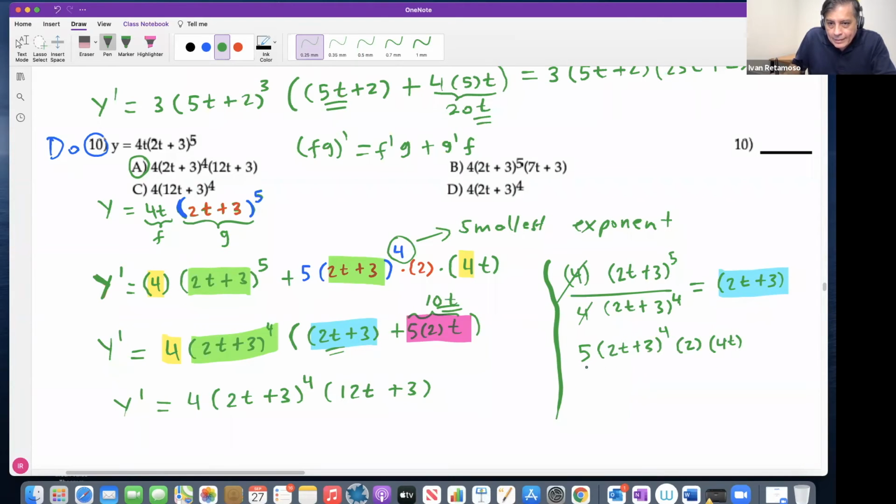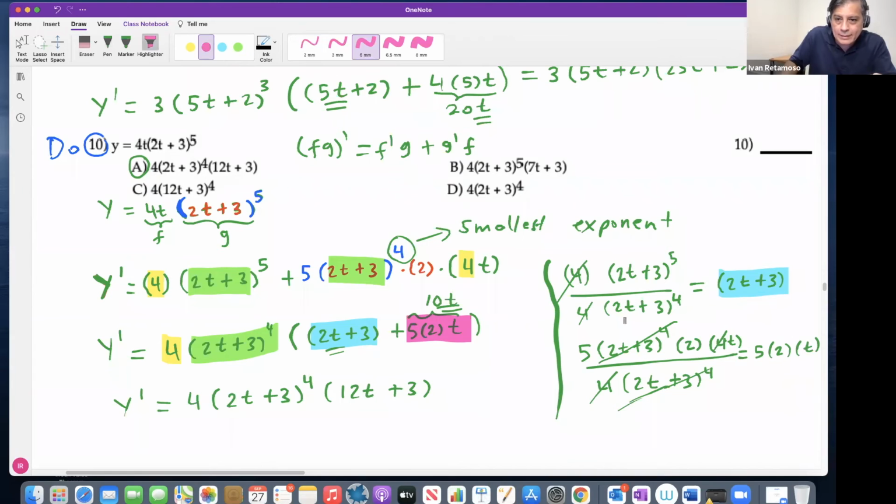This was divided by 4 times 2t plus 3 raised to the 4 power. But notice the 4 cancels this 4, this guy cancels this guy. What is left? 5, 2, and t. And this is that. So maybe we should say that 5 times 2 times t. This is what justifies the other part.